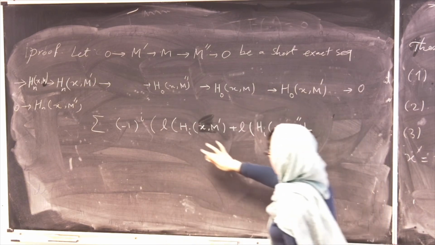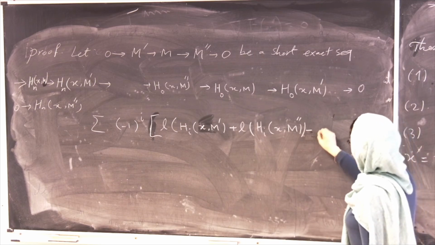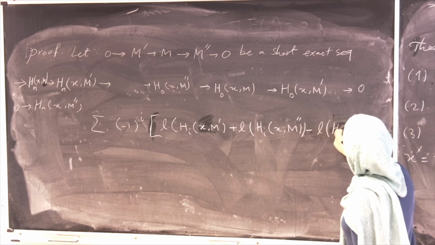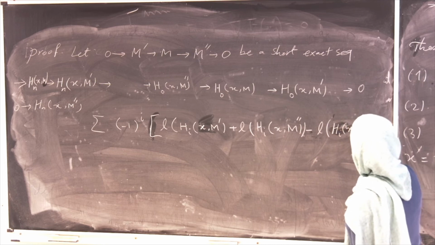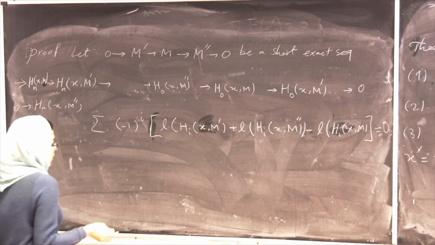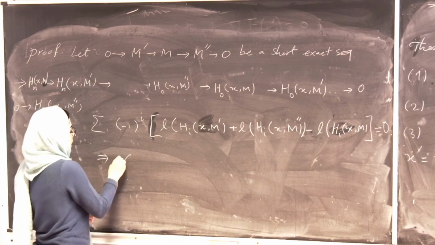Minus, let's write this as a bracket, it's better, minus the length of the middle one, which is m. This is 0, so bring to mind the definition of Euler characteristic.